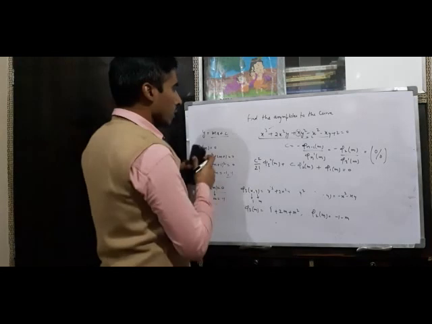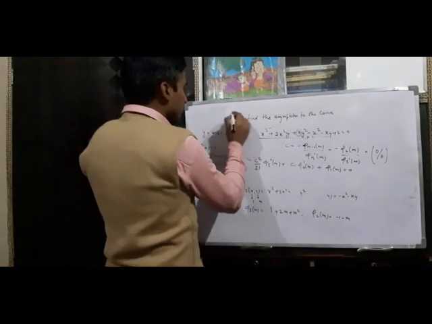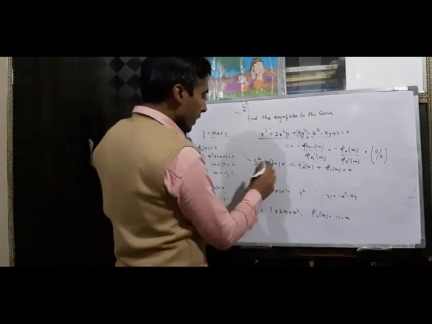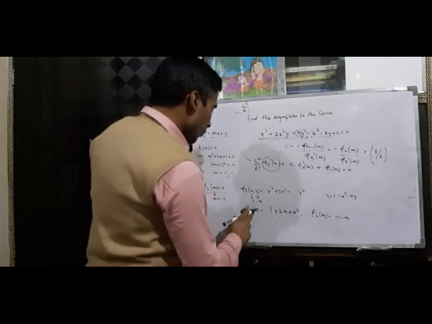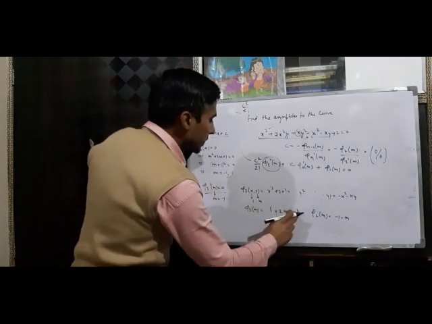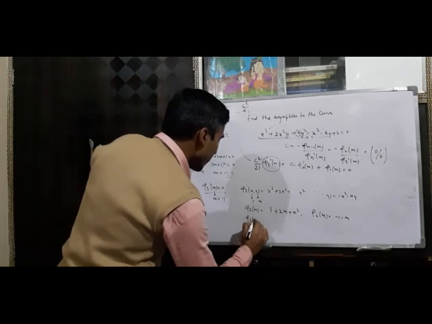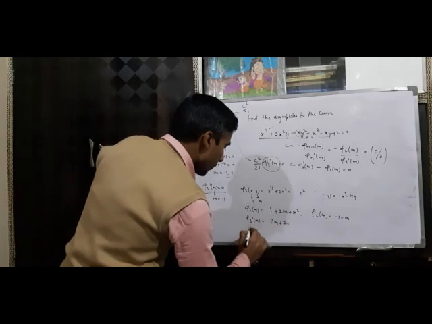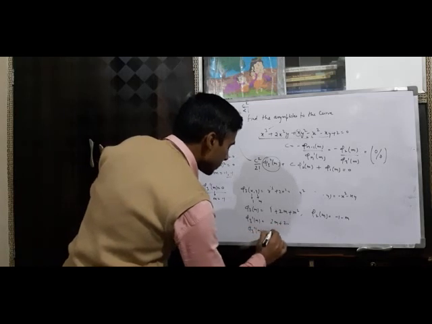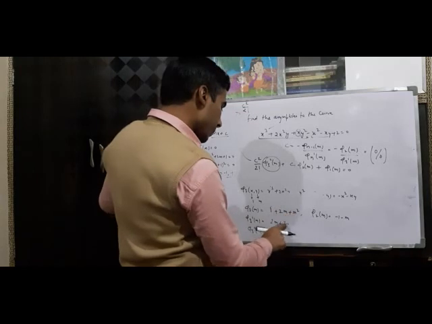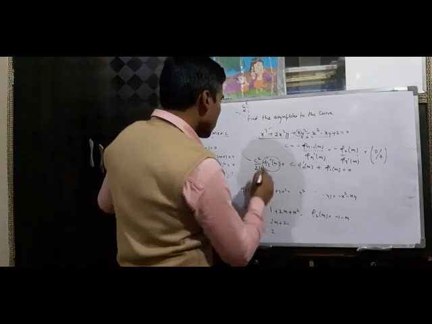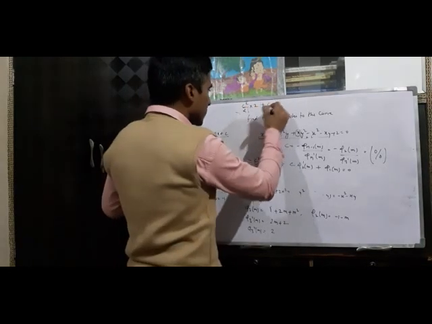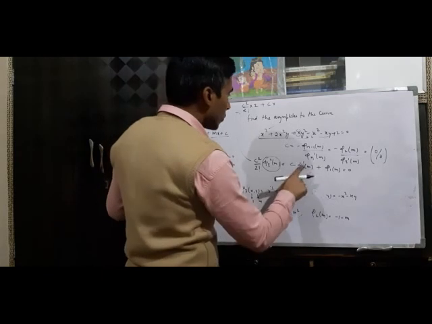Here you see what is the value of this expression. c square by 2 factorial, and phi 3 double prime of m. Phi 3 of m is 1 plus 2m plus m square, so phi 3 prime of m is 2m plus 2 and phi 3 double prime of m is 2. So we get c square by 2 into 2 plus c into phi 2 prime of m.